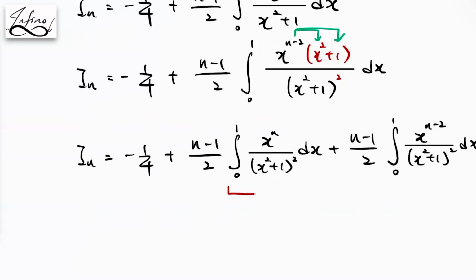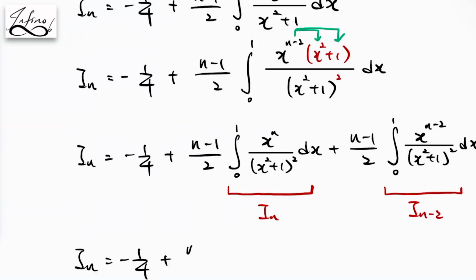And that's why easy now. So this part is our I_n. And then this part will be our I_(n-2), right? And that's why we can just simply solve the algebra, which is, this one is I_n plus (n minus 1)/2 I_(n-2).